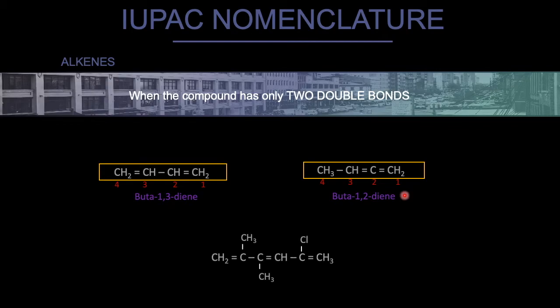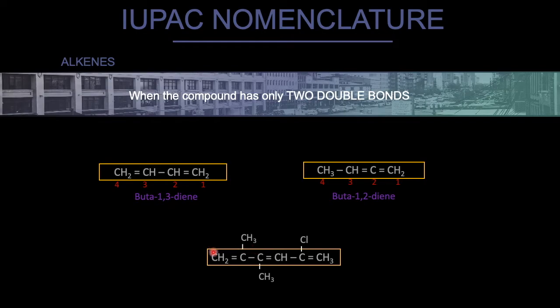Let's consider another example. You can pause the video and count the parent chain and then write the name yourself. So in this example, the highlighted area is your parent chain, and now if you notice, there are 3 substituents, 2 methyl groups and 1 chloro group. Before we consider the substituents, we have to only consider the double bonds.